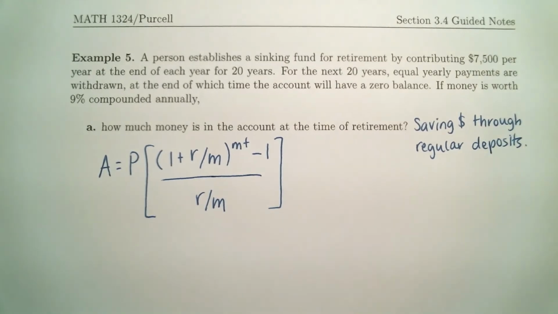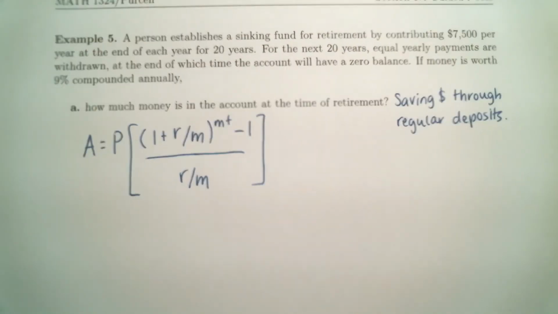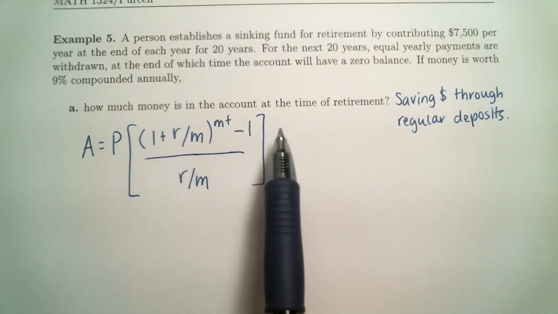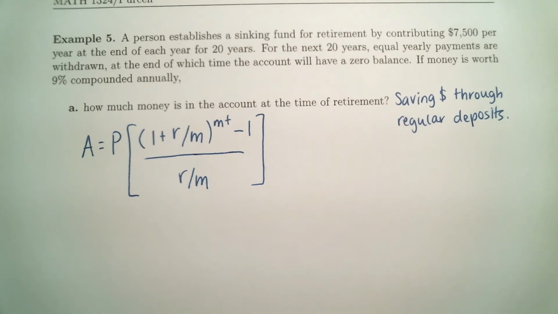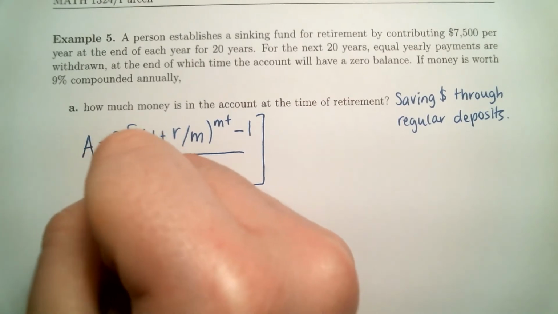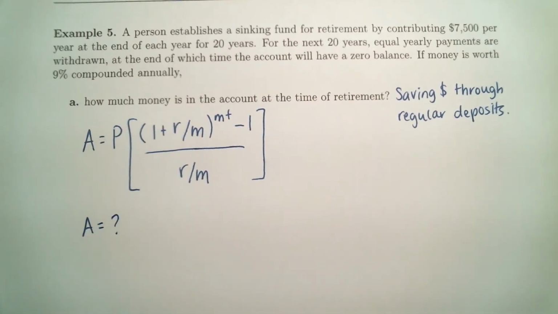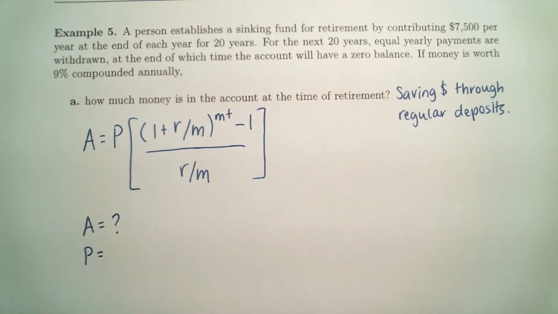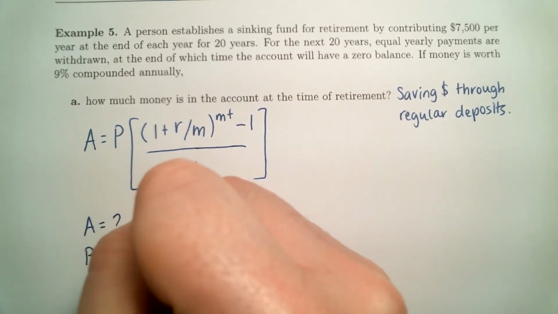So let's talk about what we know and what we're looking for. How much money is in the account at the time of retirement? So we want to know the account balance when it comes time to retire. So we're looking for A, and we should know everything else. P is the amount of each payment into the account, so that's $7,500.